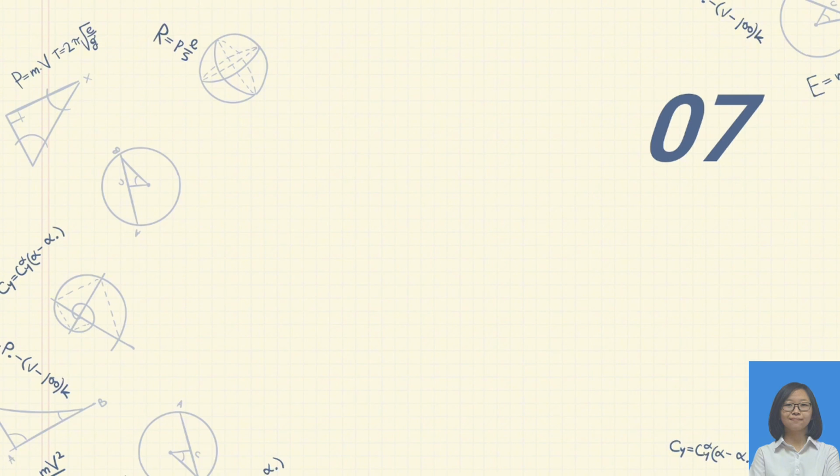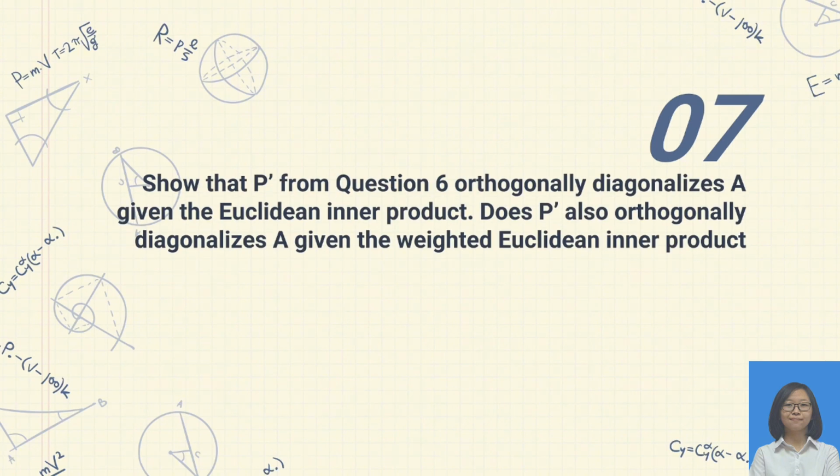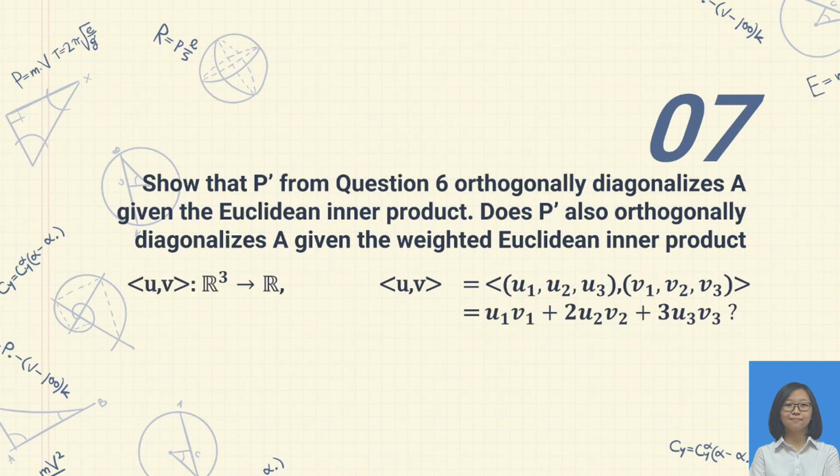Now, let us continue with the last question. Show that P prime from question 6 orthogonally diagonalizes A given the Euclidean inner product. Then, does P prime also orthogonally diagonalize A given the weighted Euclidean inner product, with the inner product of vectors u and v, from R cubed to R, equal to u1 v1 plus 2 u2 v2 plus 3 u3 v3.